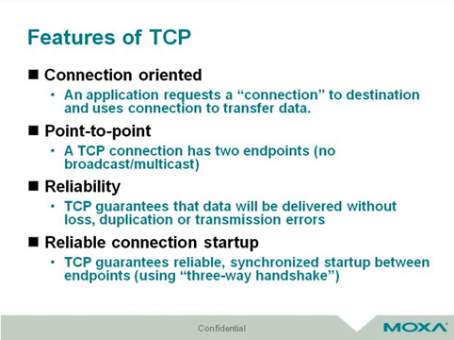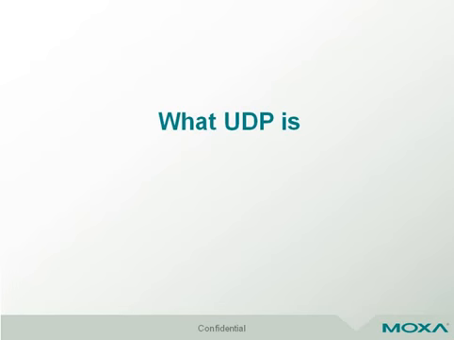Third, reliability. TCP guarantees that data will be delivered without loss, duplication, or transmission errors. Fourth, reliable connection startup. TCP guarantees reliable synchronized startup between endpoints using three-way handshake.